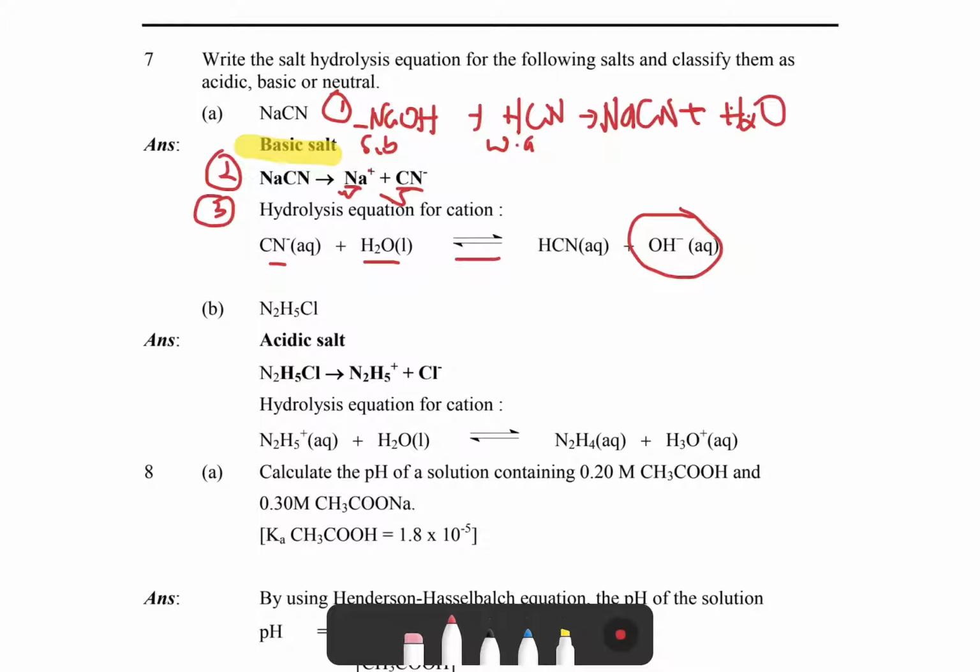Okay, yang the second equations mesti ada dissociations of the salt. Dia akan dissociate completely to form cation and anion. And then for the third equations, you choose which ion hydrolyzed by water. Okay, the second equations kamu ada cation and anion. So for the third equations, you choose which ion dari yang equation number 2 untuk react with water.